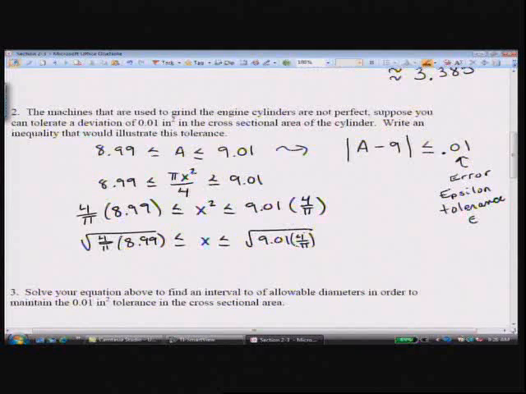Remember, if you type this in your calculator, it's going to do its own set of parentheses. When you type it in, you should get 3.383 is less than or equal to x, which is less than or equal to 3.387.